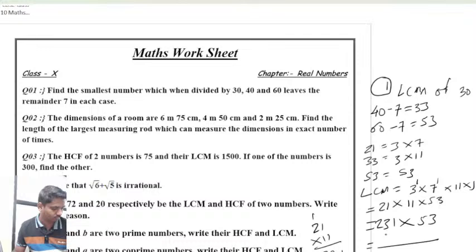Yes, answer is 120. How will 120 come? Find out the product of 231 and 53.